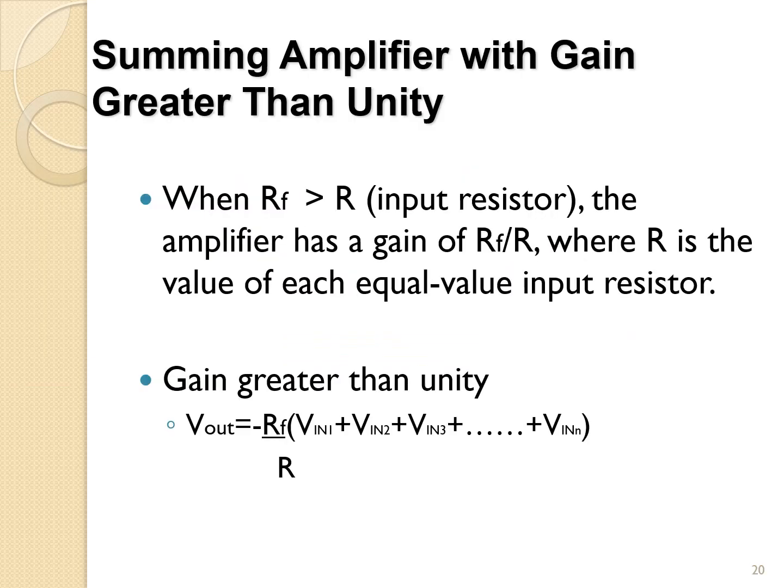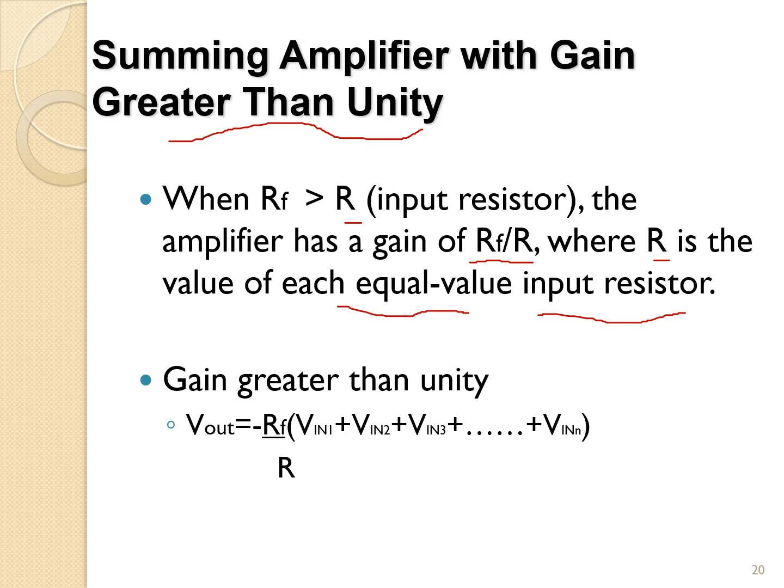Summing amplifier with gain greater than unity. When RF is greater than R, which is the input resistor, the amplifier has a gain of RF over R, where R is the value of each equal value input resistor.